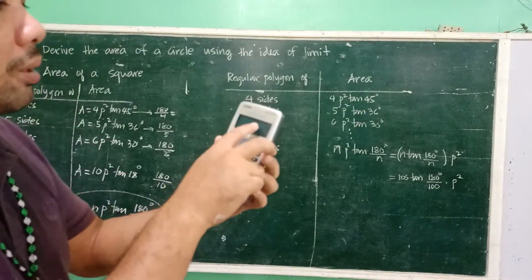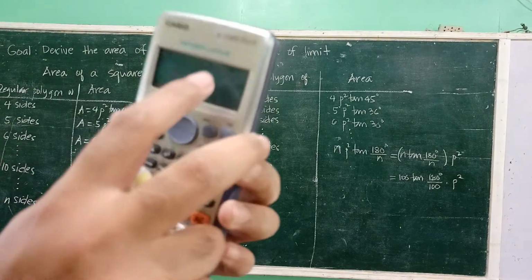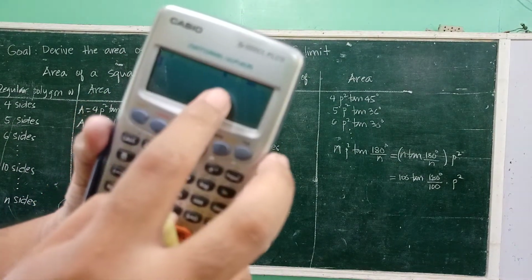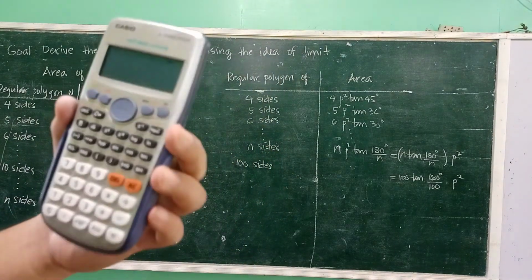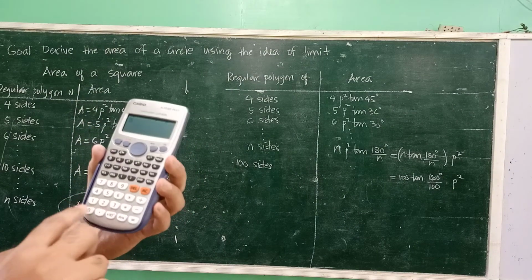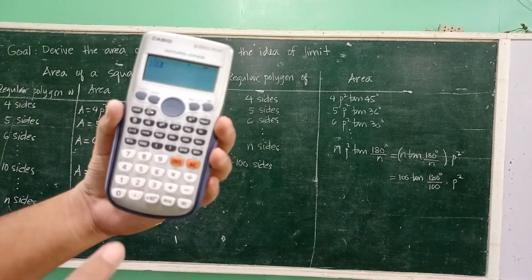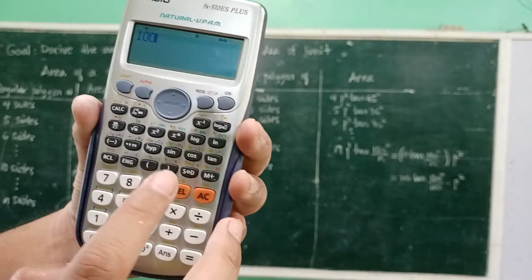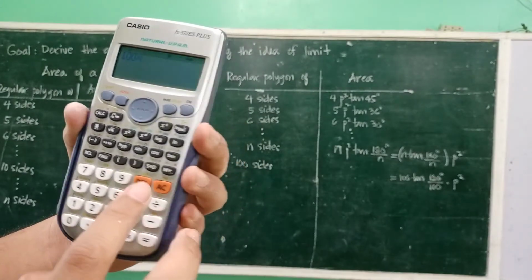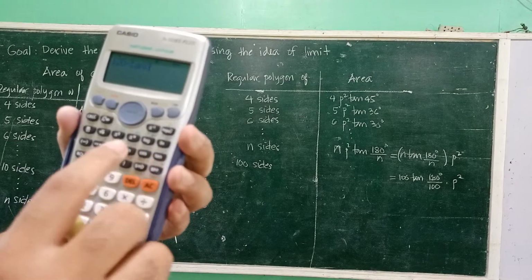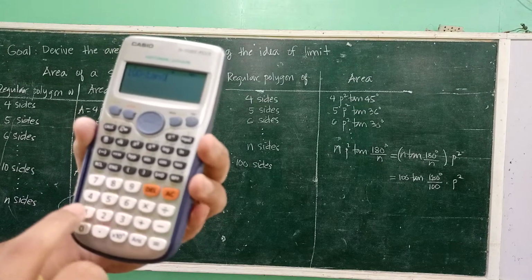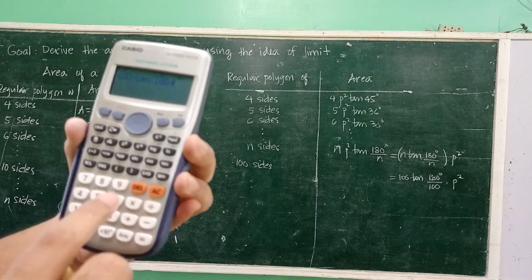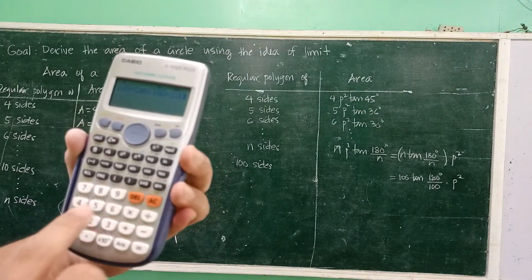So in my case, if you look at this, degree D, so that's 100 times tangent 180 divided by 100.